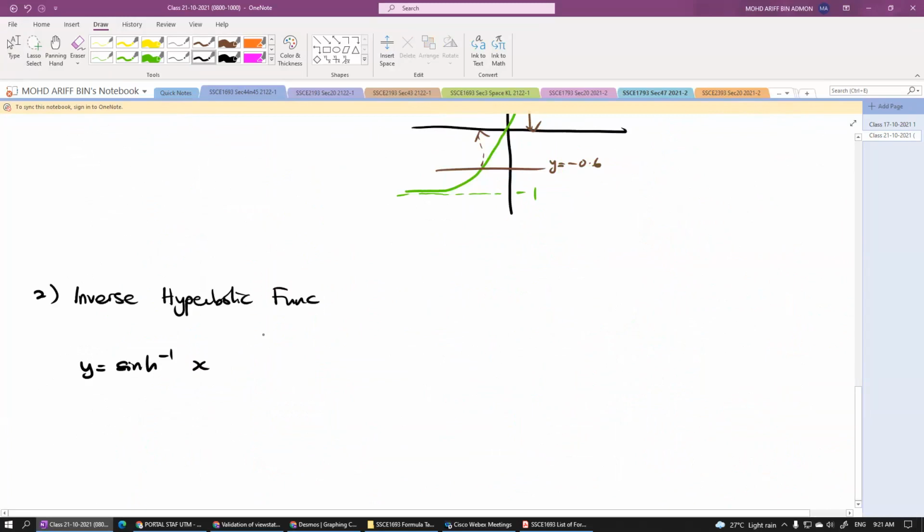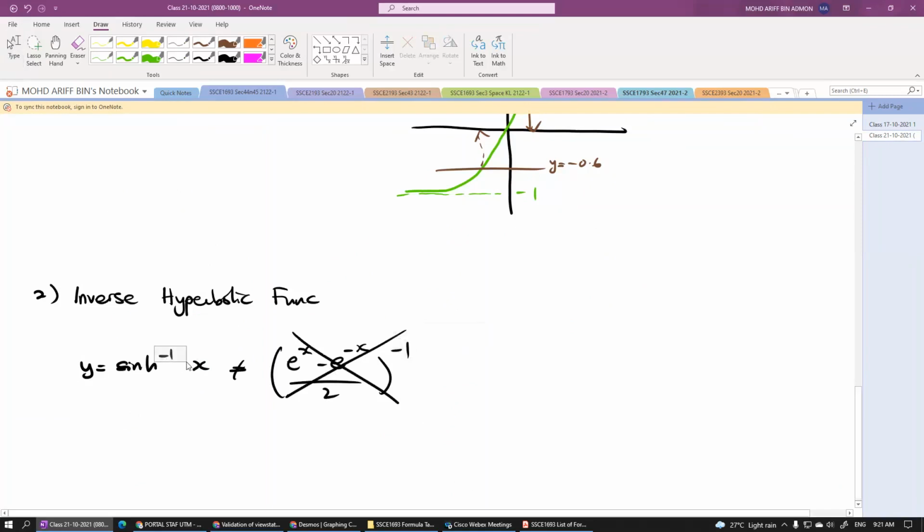And remember, hyperbolic sine x and inverse hyperbolic sine x are not similar. If you write it like this, it would actually be a power.